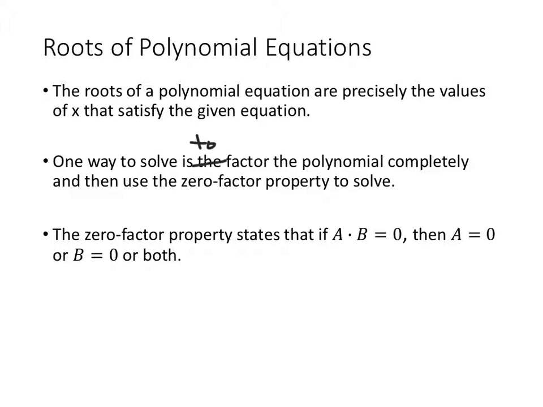And what's the zero factor property? The zero factor property tells us if we have an equation equal to 0 and we factor it completely, then the property states one of the factors had to be 0, or both of them could be 0. And 0 is special. Think of a number like 9. If you multiply two numbers together and get 9, did one of them have to be 9 to start with?